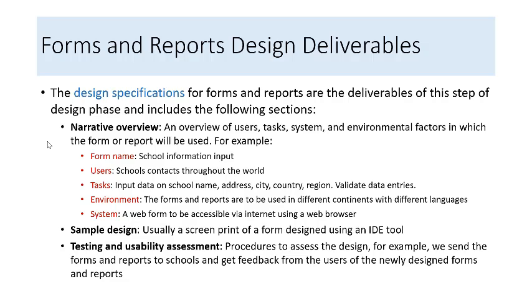So, for example, for the school form that you just saw, we can say the form name is school information input. Users of the form are going to be school contacts throughout the world.